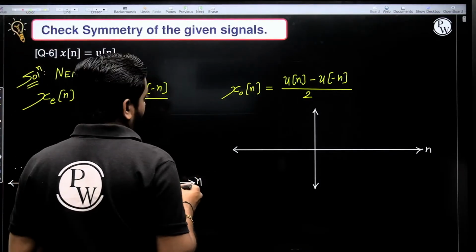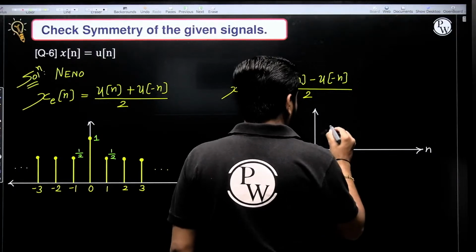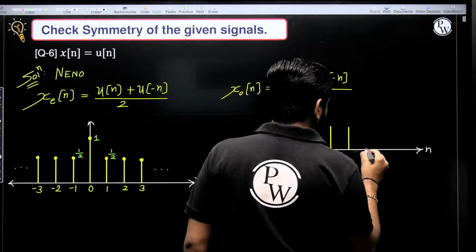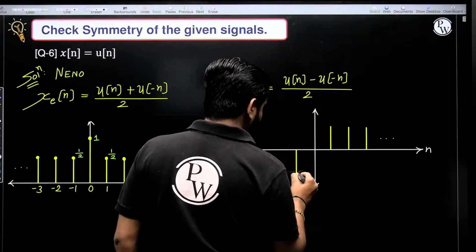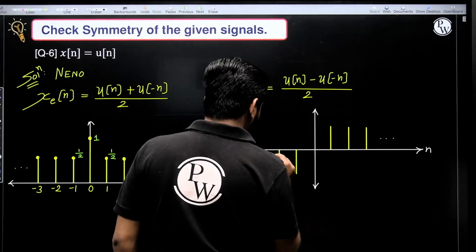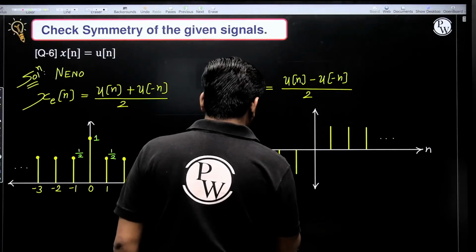Origin amplitude is 0 and other than origin it is 1 by 2. Here minus 1 by 2, minus 1 by 2.